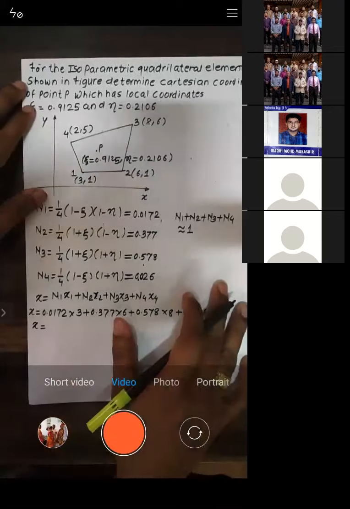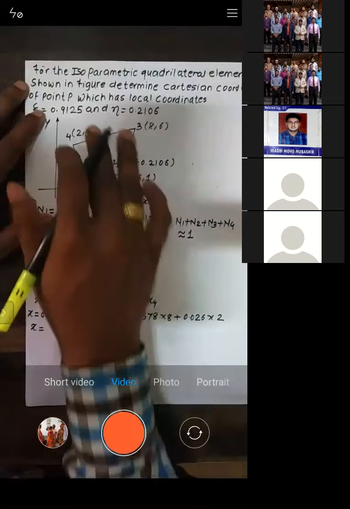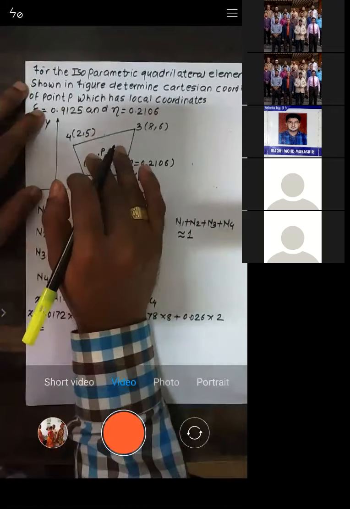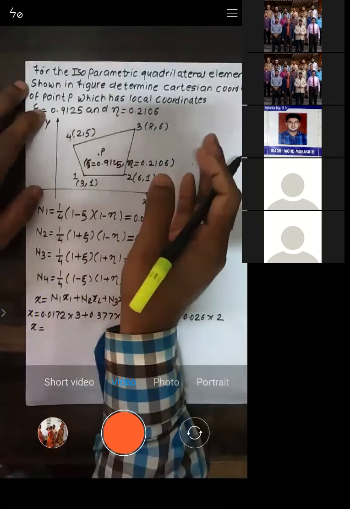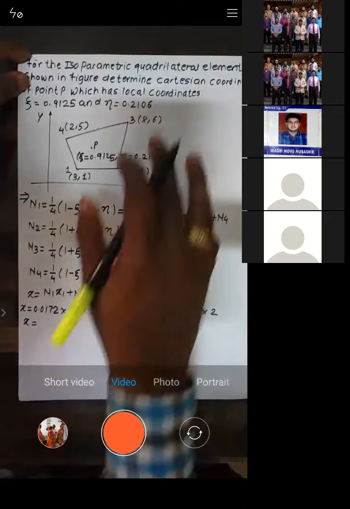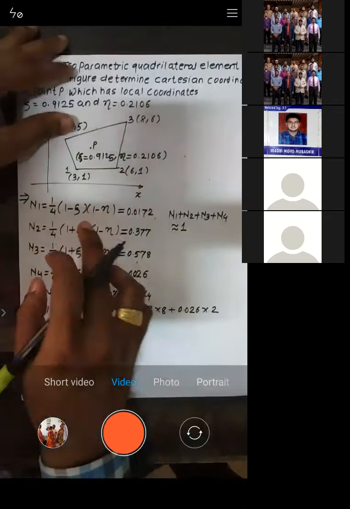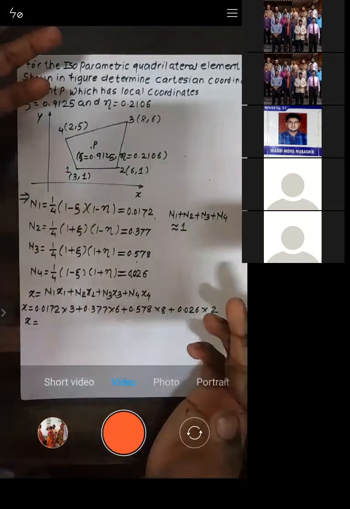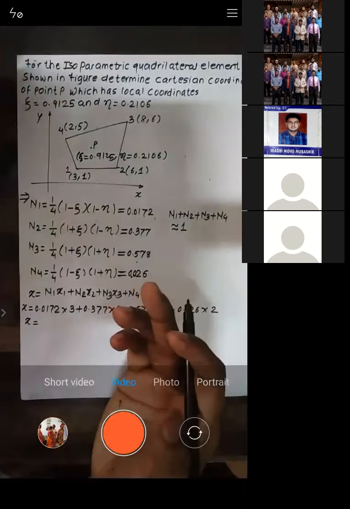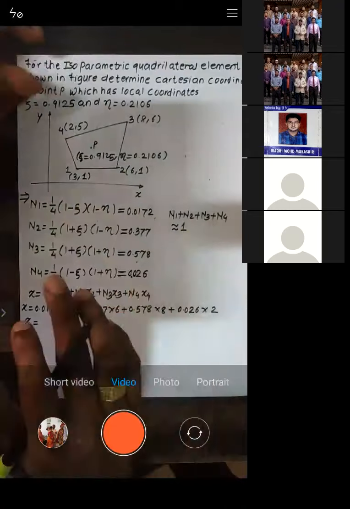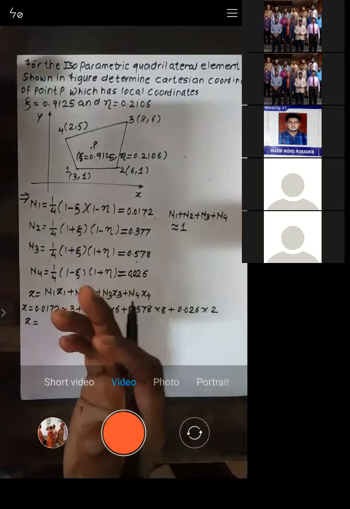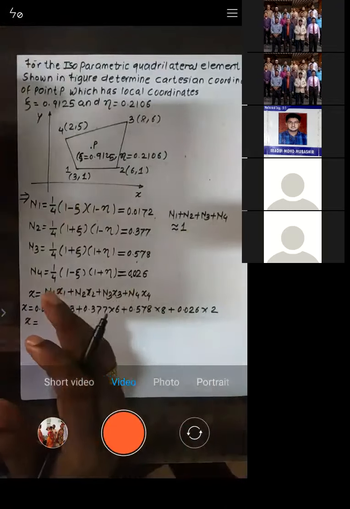You might ask, sir, why have you not converted this global coordinate into local coordinate? Because ultimately for this 4-noded quadrilateral element, we are solving this problem in a natural coordinate. In a natural coordinate, there is no concept of global and local. The global and local concept is applicable only in a Cartesian coordinate.